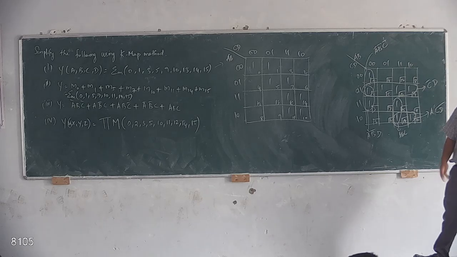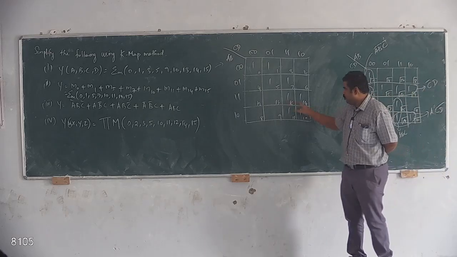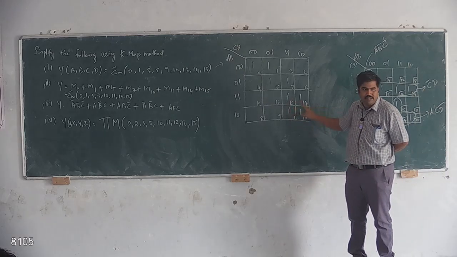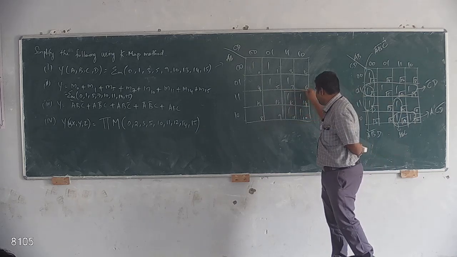What is meant by a quad? The quad definition is 4 adjacent cells of ones combined together. Where do we have a quad? These 4 adjacent cells we can combine together. This makes one quad.